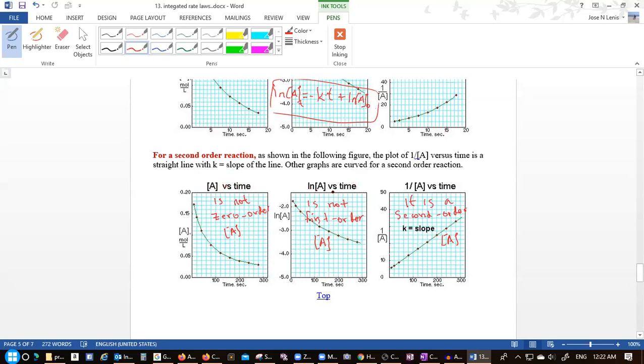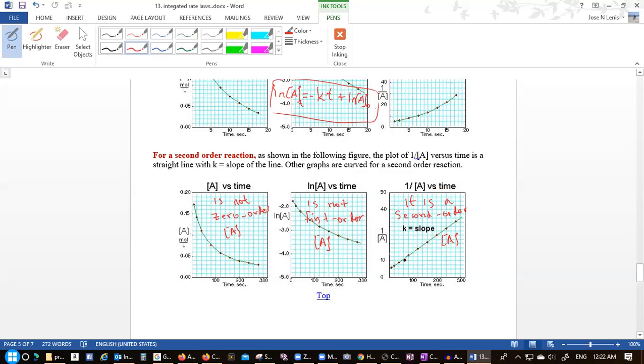The second graph, natural log of A against time, will give you confirmation of whether or not the reaction is first order. Like in this case, you see, it's not a straight line, so you say, okay, it's not first order. The third graph, 1 over concentration of A against time, will give you confirmation of whether or not the reaction is second order.